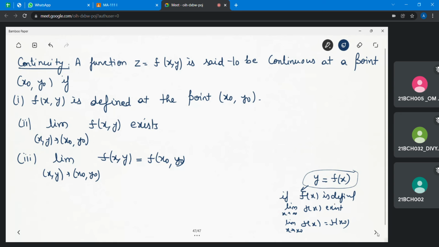Right, so this is how we define the continuity of the function of two variables. The function should be defined, the limit should exist, and the value of the limit is the same as the value of the function at the point (x naught, y naught).